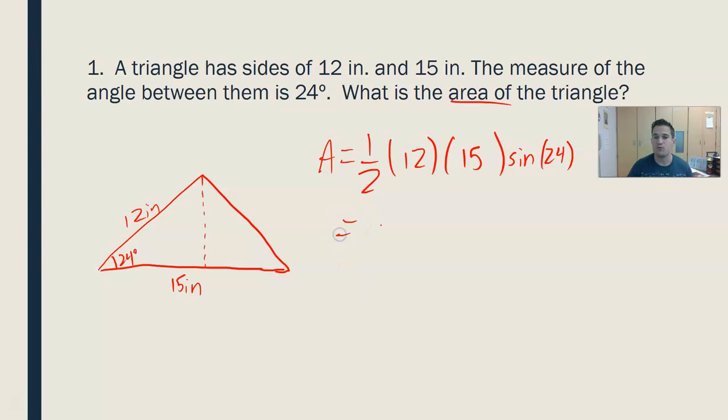That's it. I can plug that straight into my calculator. 0.5 times 12 times 15 times the sine of 24 is 36.6 inches squared. So that is the area of this triangle, 36.6 inches squared.